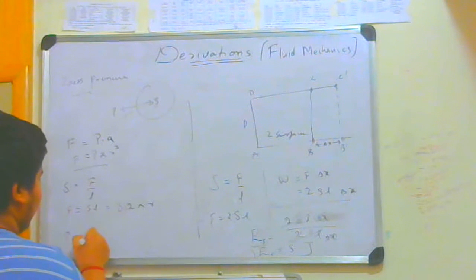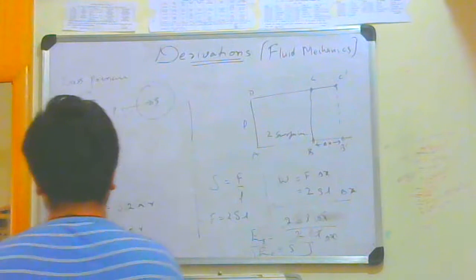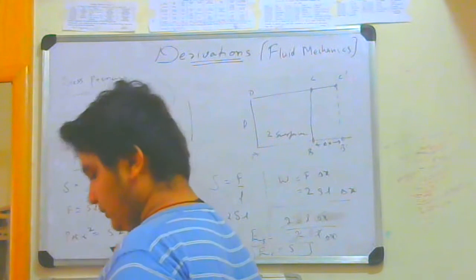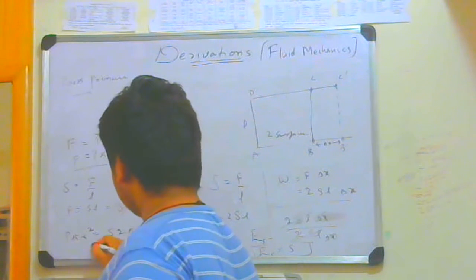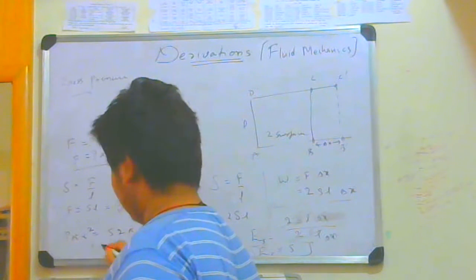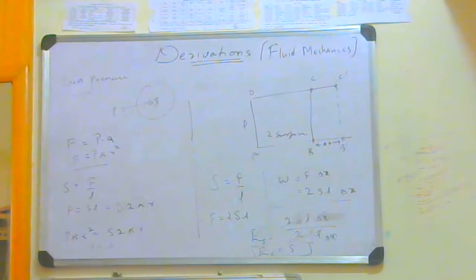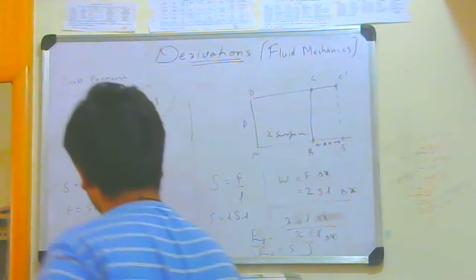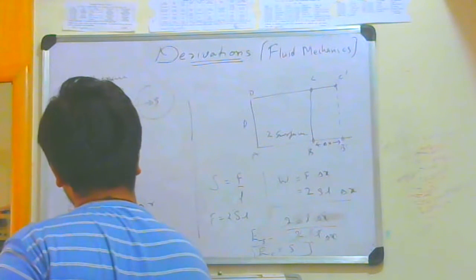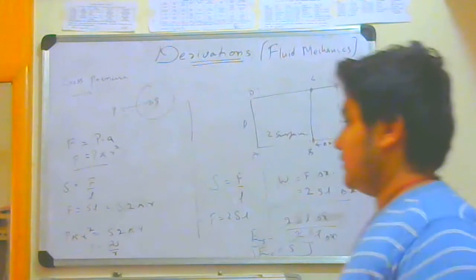So P pi r square is equal to S 2 pi r. Pi and pi gets cancelled, R and R gets cancelled. और क्या कैंसिल हो सकता है? तो यहाँ से मुझे मिल जाएगा excess pressure is equal to 2S by R. That is my excess pressure.